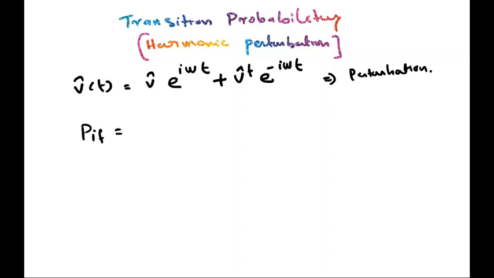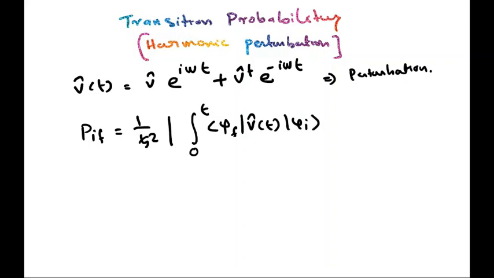P_if is 1 by h cross square, and then you have the modulus of the integral from t0 to t of psi f, V of t1, psi i, e raised to i omega_if t1 dt1, whole square.